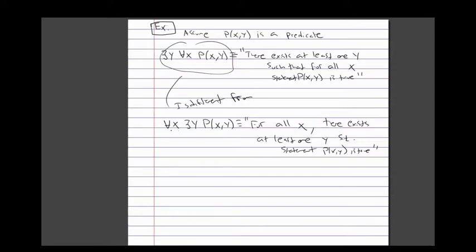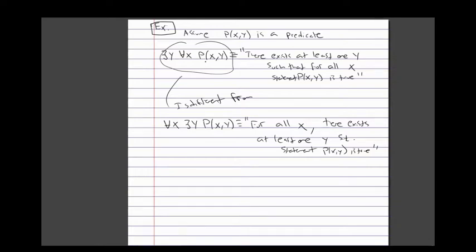So this is saying that for any value of x I can find at least one value of y that makes this true. This is saying right here that there exists at least one y that I can find such that for any value of x this thing is true.